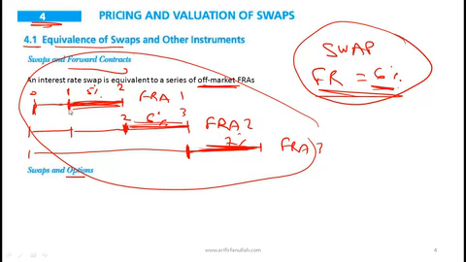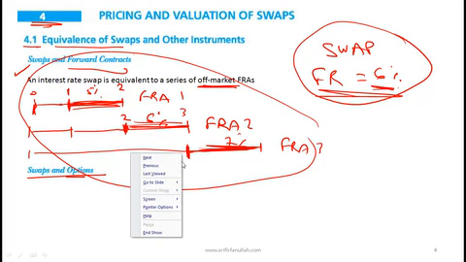The settlement happens where the FRA expires, whereas for an interest rate swap, each settlement typically happens at the end of the period. Okay. So anyway, there are a few other subtleties, but they are not mentioned in the learning objective, so I'll skip them. So memorize this statement.